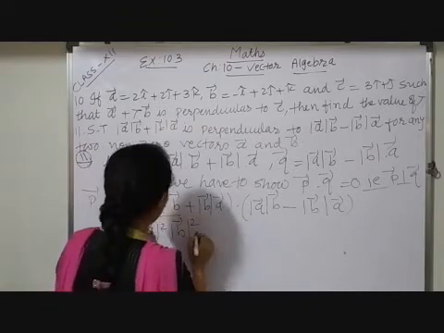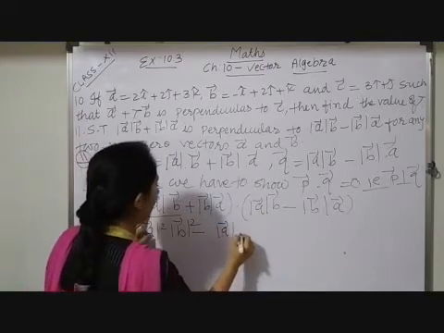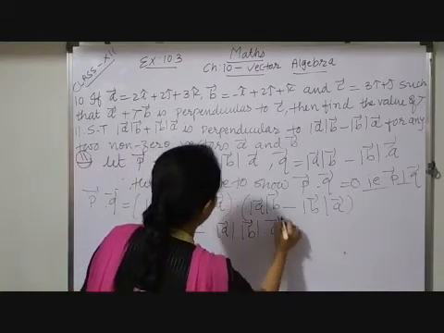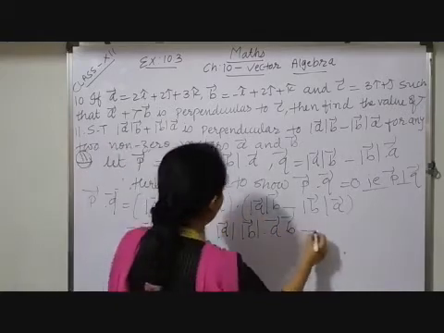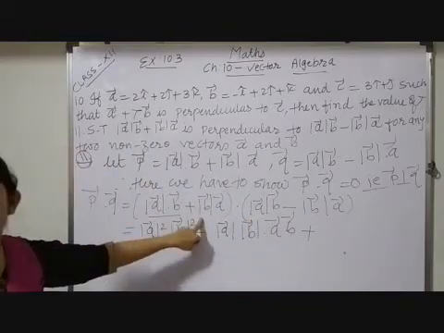Now the same, plus minus minus. So magnitude of A, magnitude of B into A and B. Now this one plus B into magnitude of A, as we know the dot product is commutative.